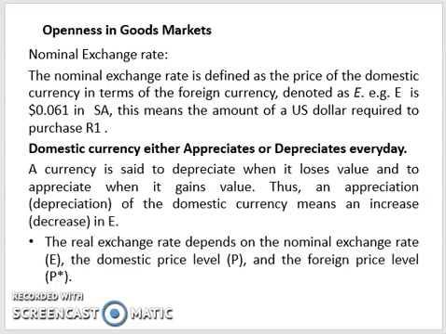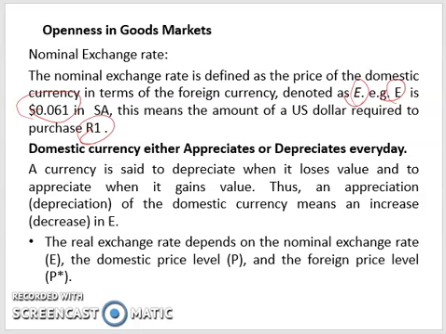So the nominal exchange rate is defined as the price of a domestic currency in terms of the foreign currency. So it's denoted as the capital letter E. So for instance, the E currently between South Africa and the dollar is $0.061, meaning that this is the amount of US dollar required to purchase one rand.